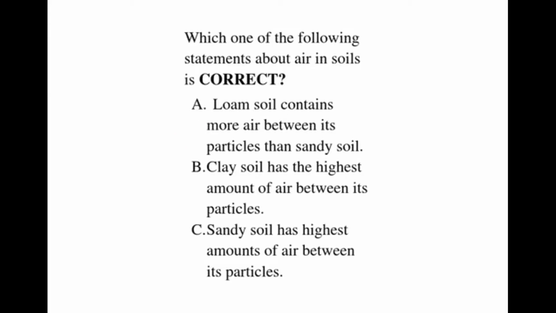Which one of the following statements about air in the soil is correct? When you look at the soil, it is made up of different components that include water, air, humus, living organisms, and mineral particles.